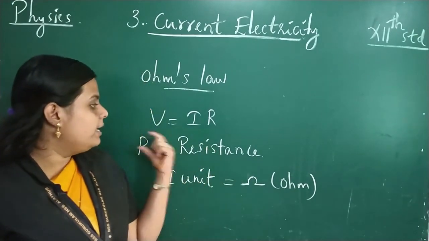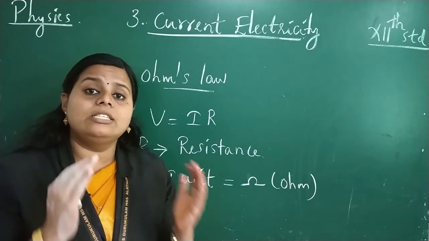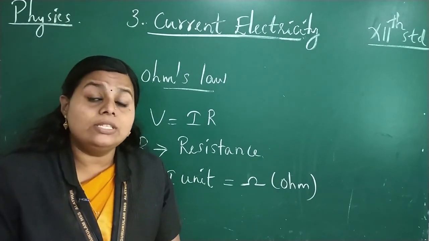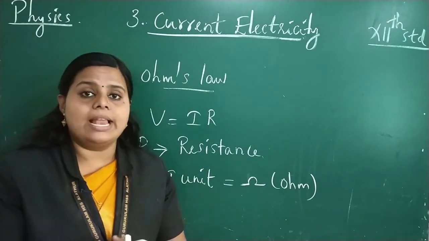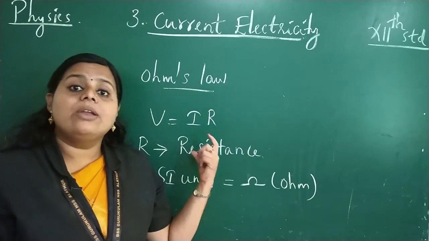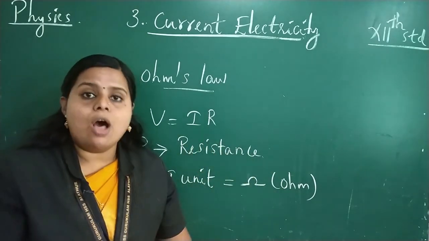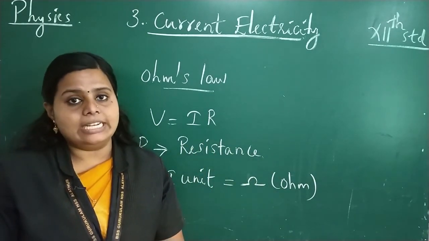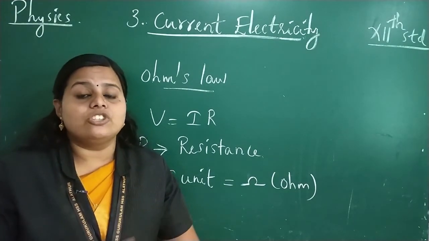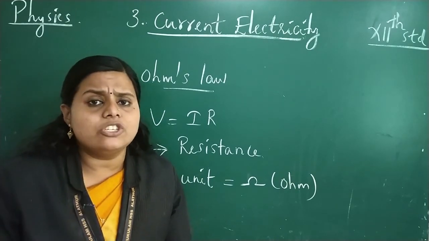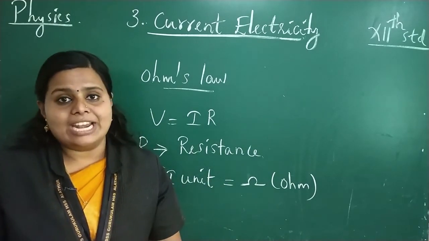Okay, now here we are going to learn the peculiarity of this resistance. Actually the resistance depends not only upon the material but also its dimension. Dimension means the length or the area of cross section of the material of the conductor.